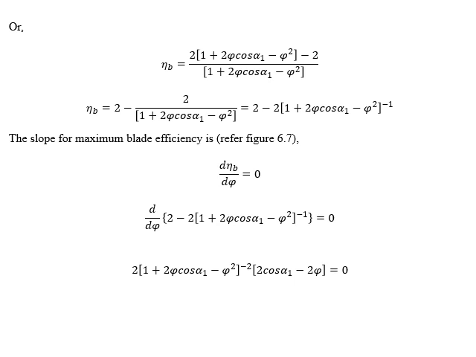After differentiating, you get 2 into (1 plus 2 phi cos alpha 1 minus phi squared) to the power of 2, times (2 cos alpha 1 minus 2 phi), equals 0. So 2 cos alpha 1 minus 2 phi equals 0, and the optimum speed ratio phi optimum equals cos alpha 1. There is one more relation you obtained here: the optimum speed ratio equals cos alpha 1.